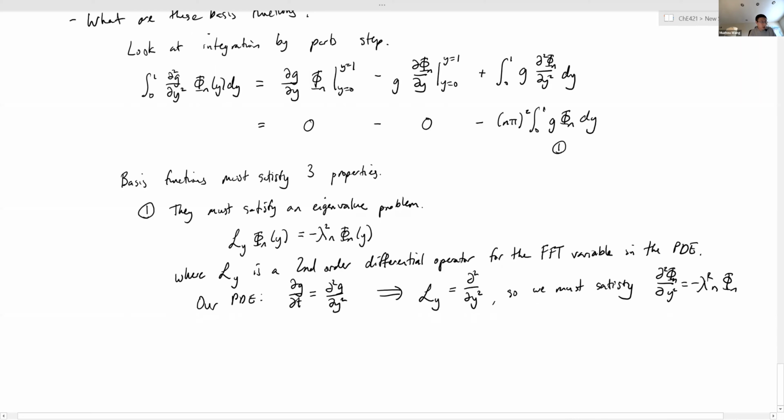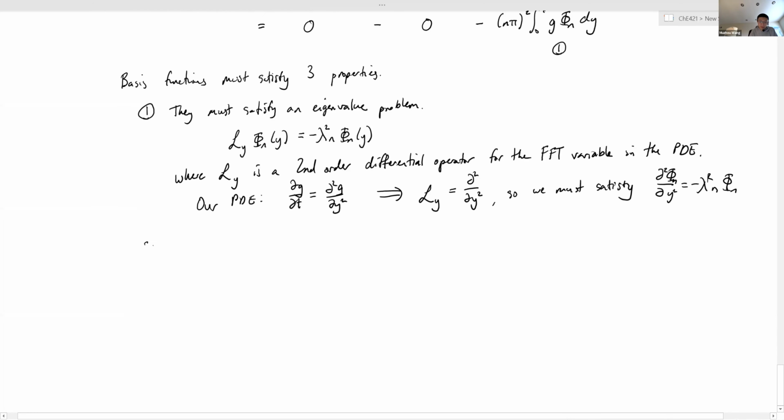The second condition is that they must satisfy boundary conditions of the same type as our original problem. Okay.